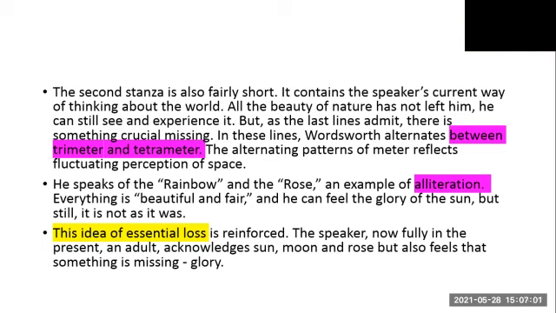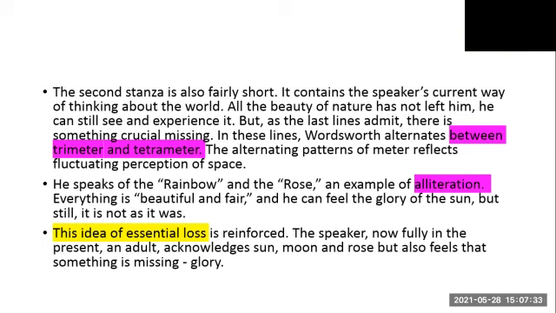We said that rainbow and rose, this is an example of alliteration, and we know alliteration when we have the first consonant sound of 2 words similar. Everything is beautiful. He can feel the glorious birth of the sun, but still, it's not the same.